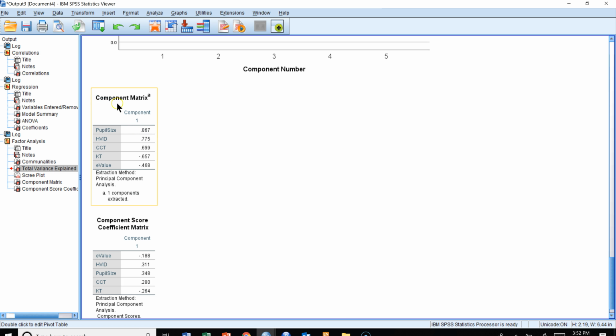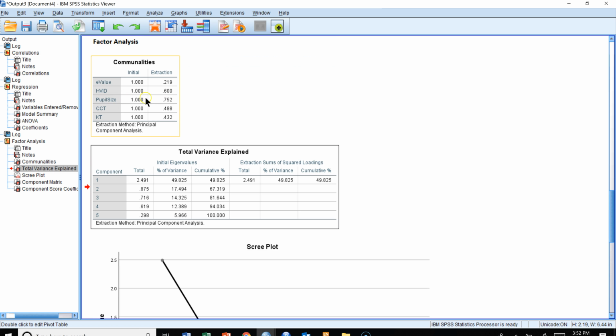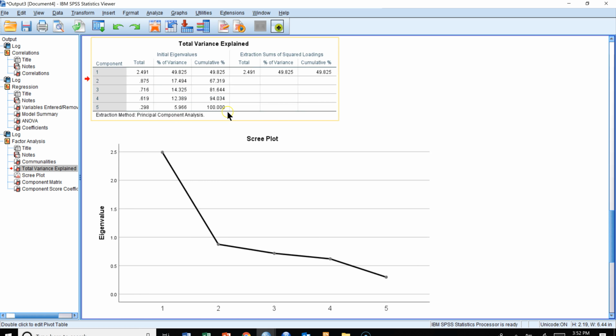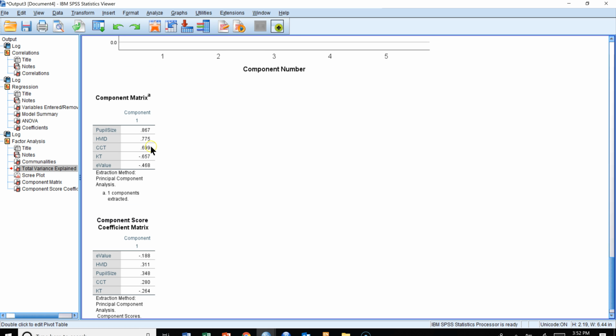We come here and we talk about a component matrix. These are basically also sometimes called factor loadings. And we sorted them by size. So pupil size, as we noted up here, pupil size is most correlated with all the others. And so it comes out first. It wins.